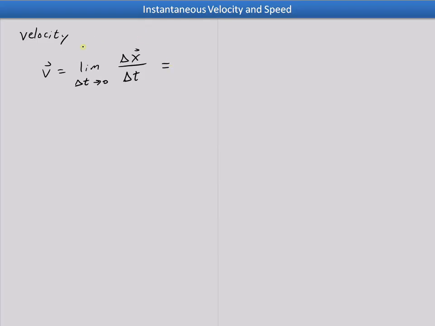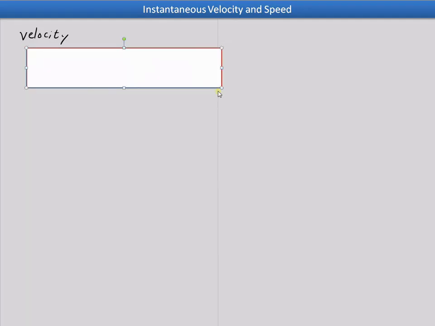And you may have seen something like this before. If we have a limit of two deltas, that's actually going to be a derivative. So the velocity is the derivative of the displacement with respect to time. So that'll be one of our definitions.